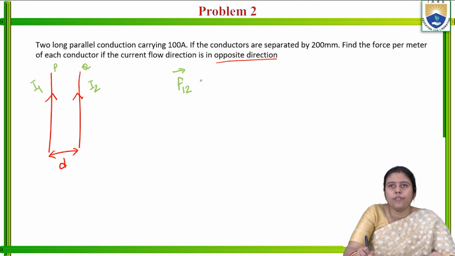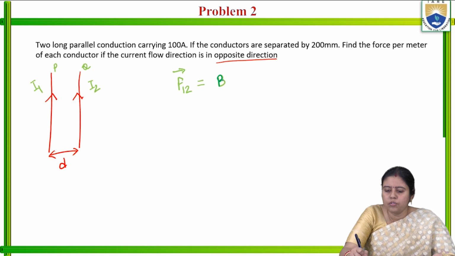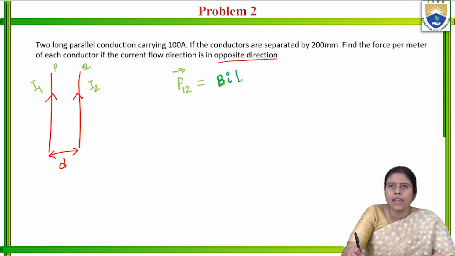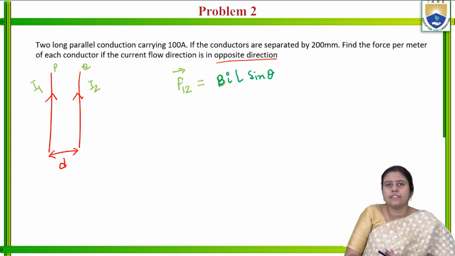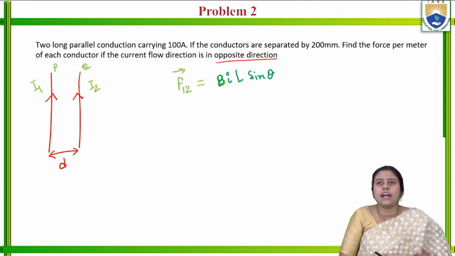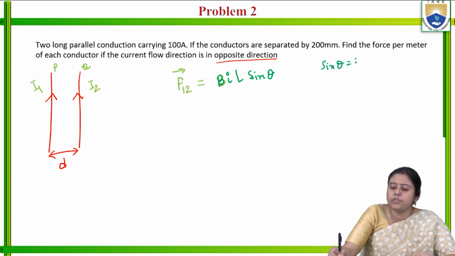So, what is F12? From the equation we know F is equal to BIL sin theta. We know F12 is equal to BIL sin theta, and if we think about the maximum force, the maximum value of sin theta is 1.